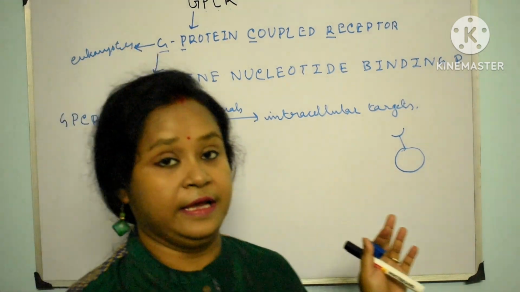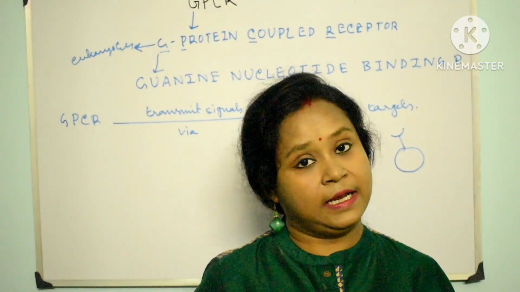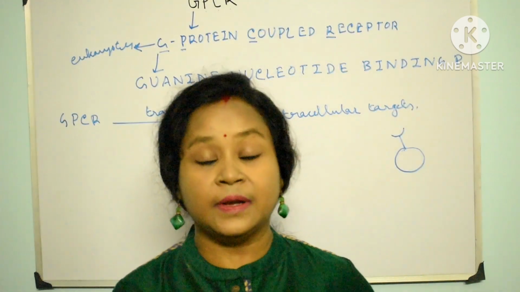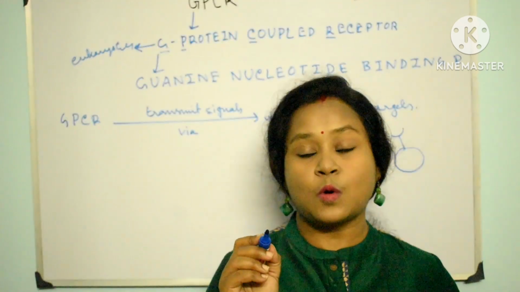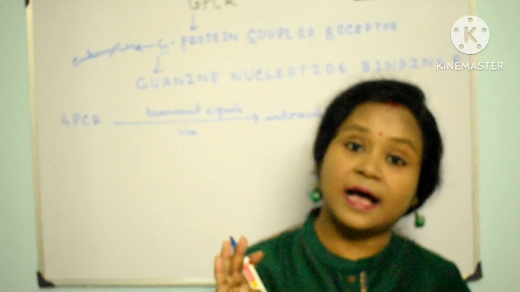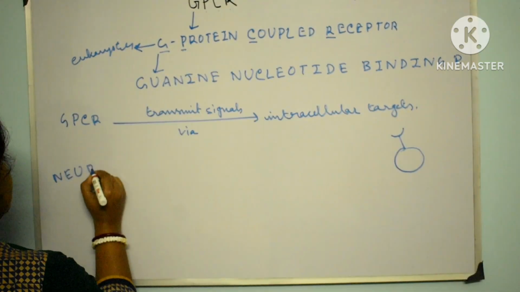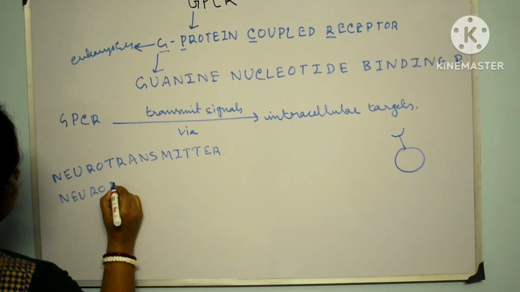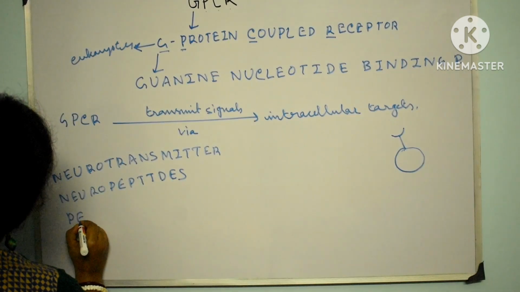Note this point very carefully. GPCR is present in all eukaryotic cells. Take some examples. What are the ligands of GPCRs? The ligands of GPCRs are neurotransmitters, neuropeptides and peptide hormones.